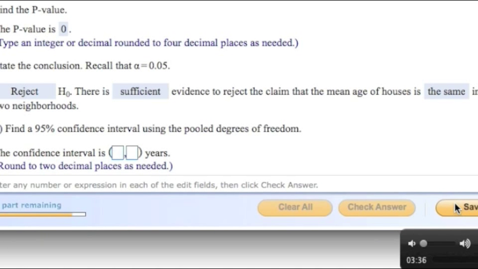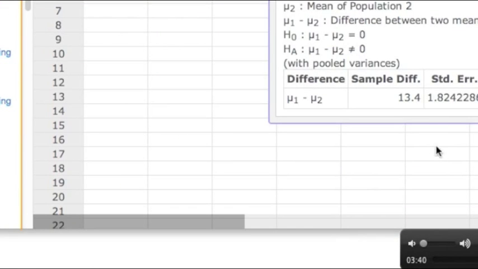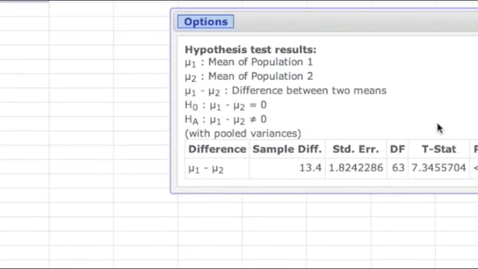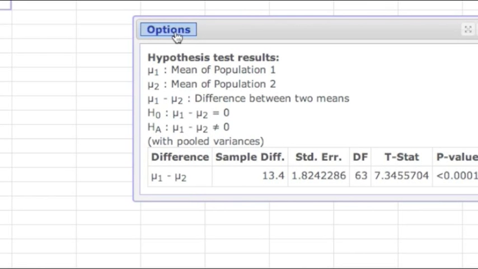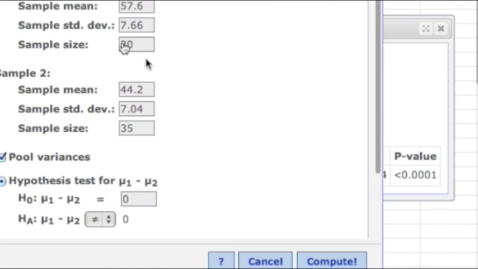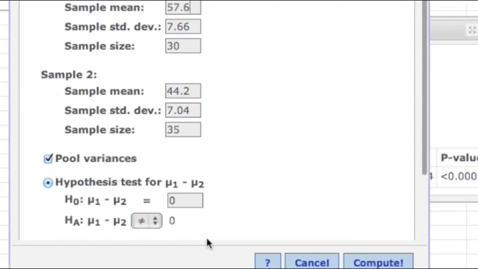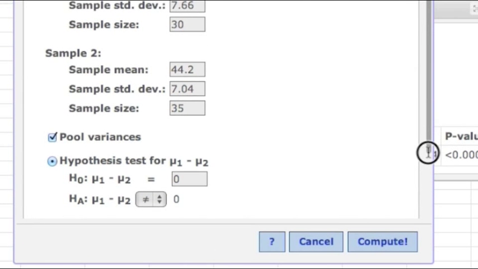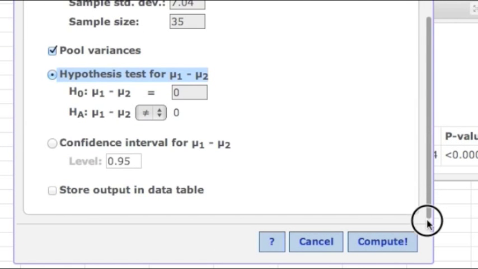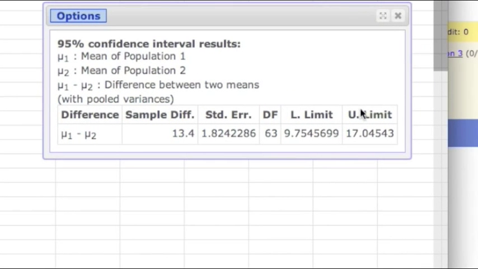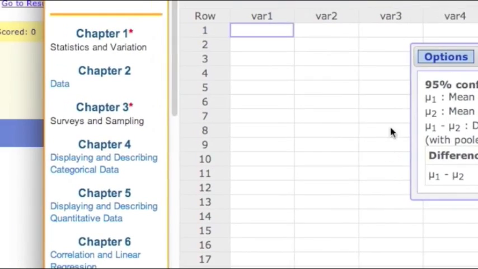And the last part of the question is asking us for the confidence interval. Going back to StatCrunch, once you have the data there, you hit the edit option, and then instead of asking it to give you the hypothesis test, you scroll down and ask for the confidence interval, and then it spits out the lower limit and the upper limit.